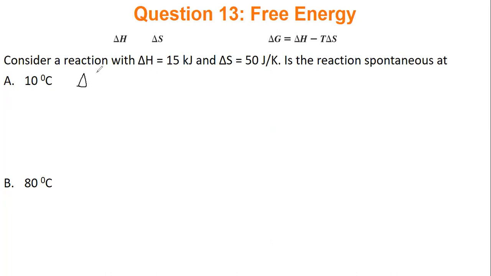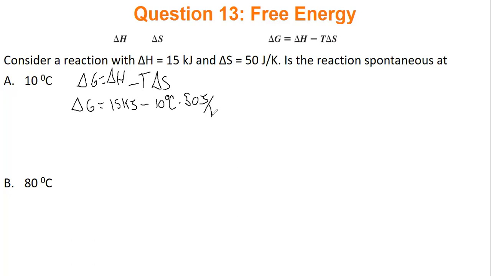The equation we want is delta G equals delta H minus T delta S. When it comes to biochemistry, and actually math in general, always make sure your units match. Let's take a look at what I mean. If I just plug in without paying attention to any of my units, I say delta H is 15 kilojoules minus T, and I'd say that's 10 centigrade multiplied by delta S, which is 50 joules per Kelvin.